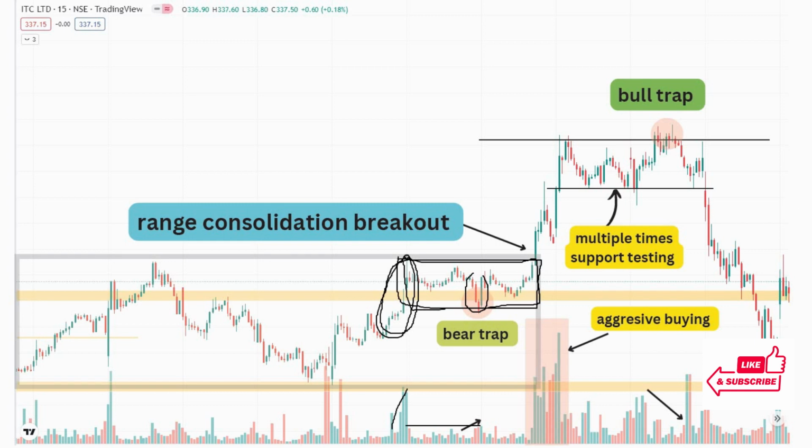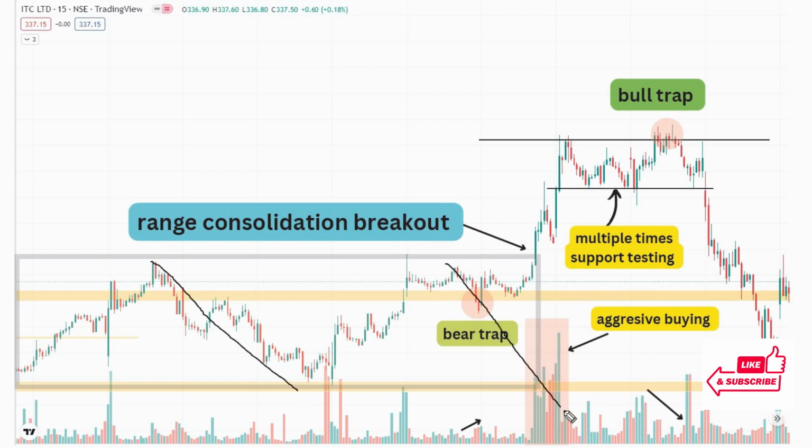Otherwise, if sellers were very much stronger, then they again should have brought down the prices aggressively towards the downside, but that's not the case here. So we will buy at this breakout here, stop loss here, and see the huge upside momentum after that. And you should always trail your stop loss after getting 1:1, 1:2 risk reward ratio as per your risk appetite.